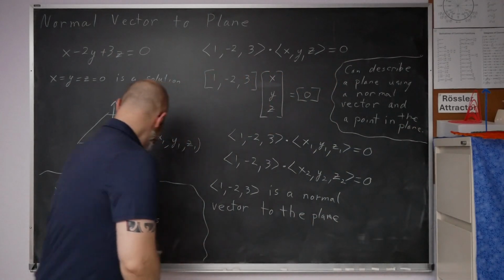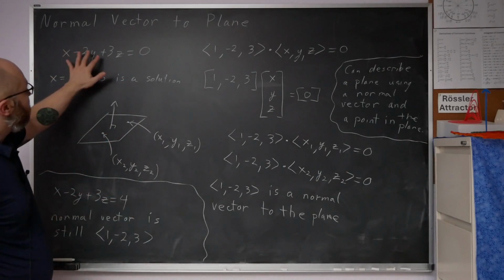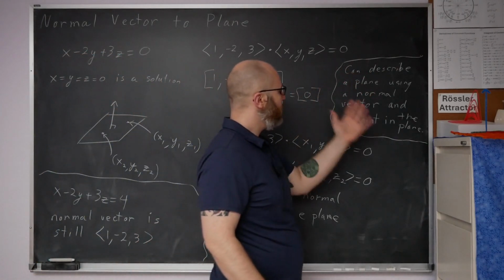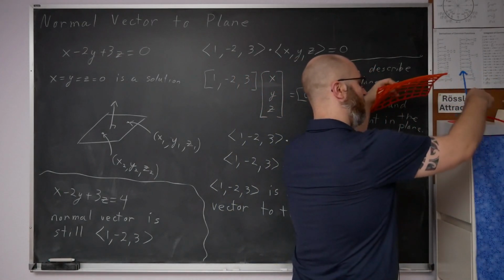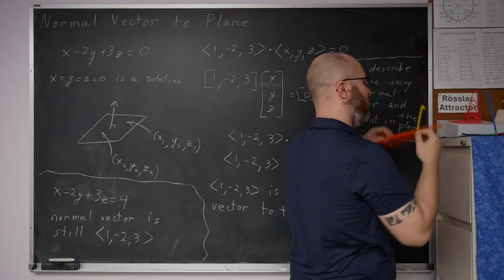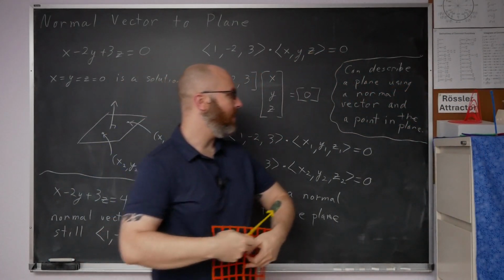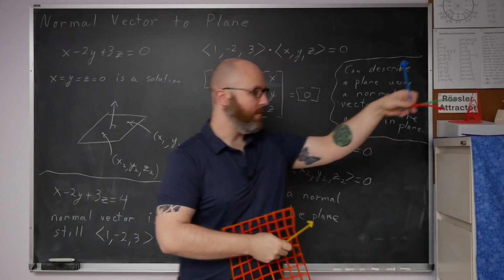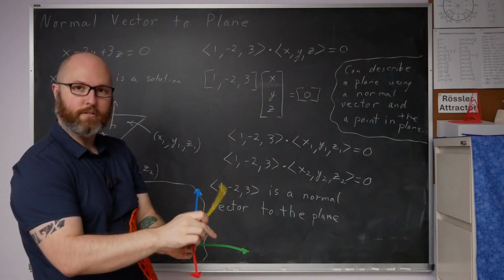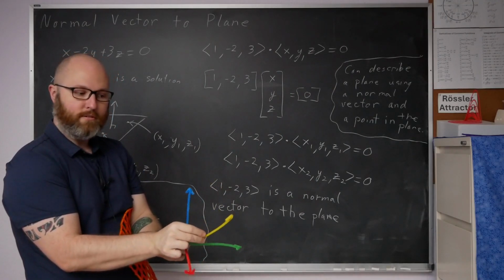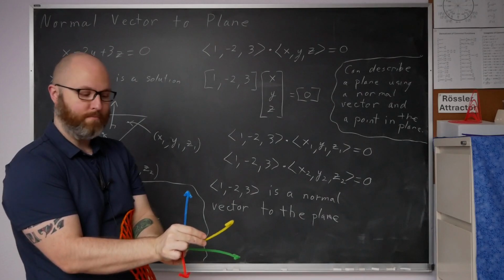All right. The reason that's an alternative way, you could either use an equation or you could use a normal vector and a point P in the plane, is if you have a normal vector, so my little yellow vector, and I know that there's a point in space that the plane goes through, let's say, this point right here. So I have my normal vector, and it's going through that point.